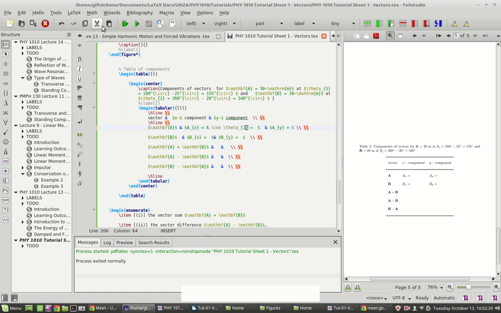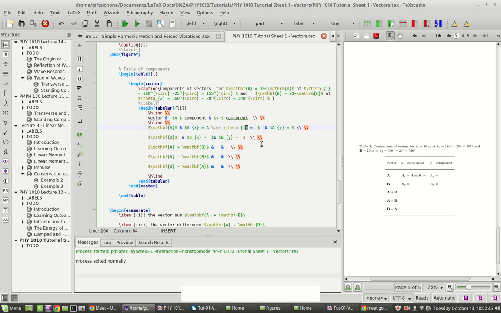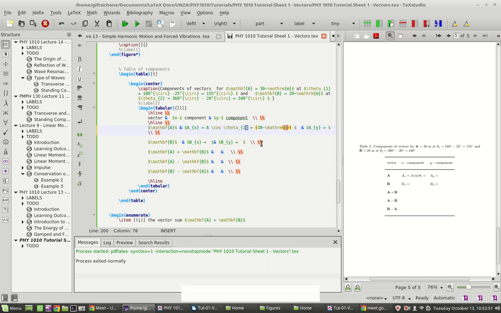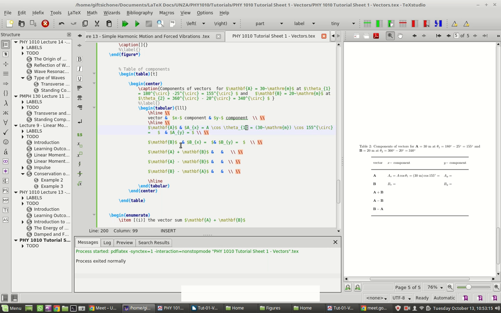The size is 30 meters, and the angle is 155. That gives us 30 meters times cos 155, which is negative 27.189, so basically negative 27.2.